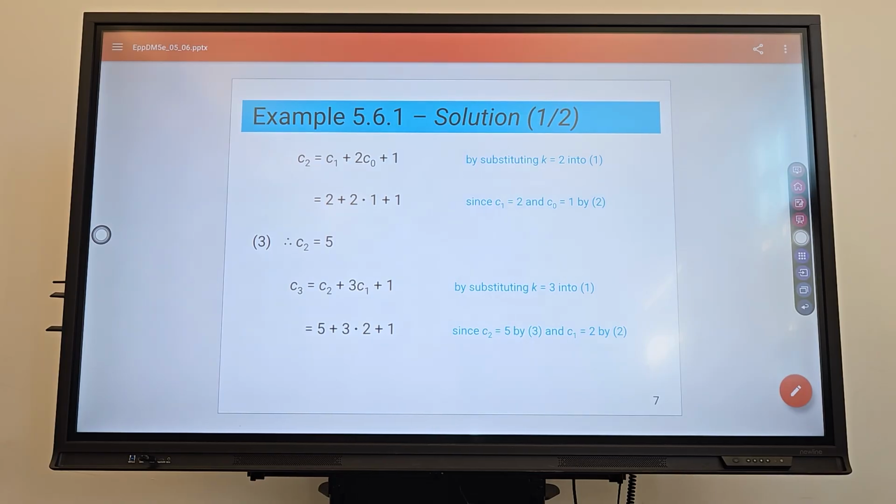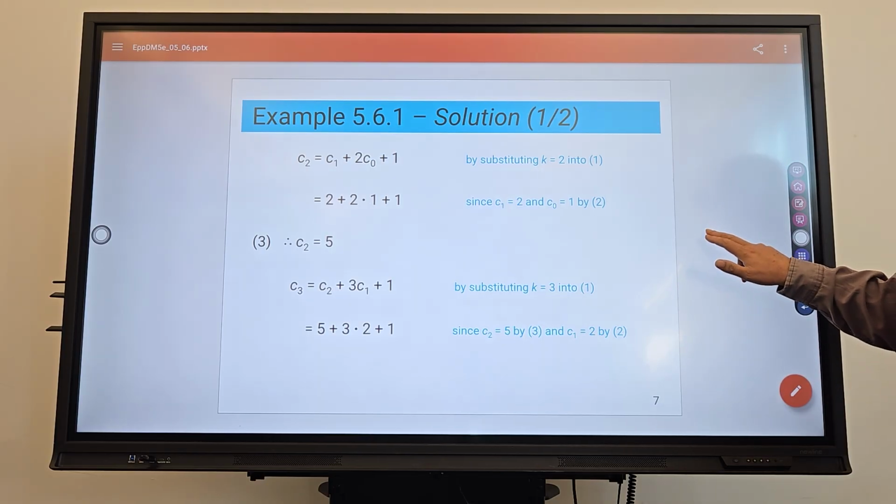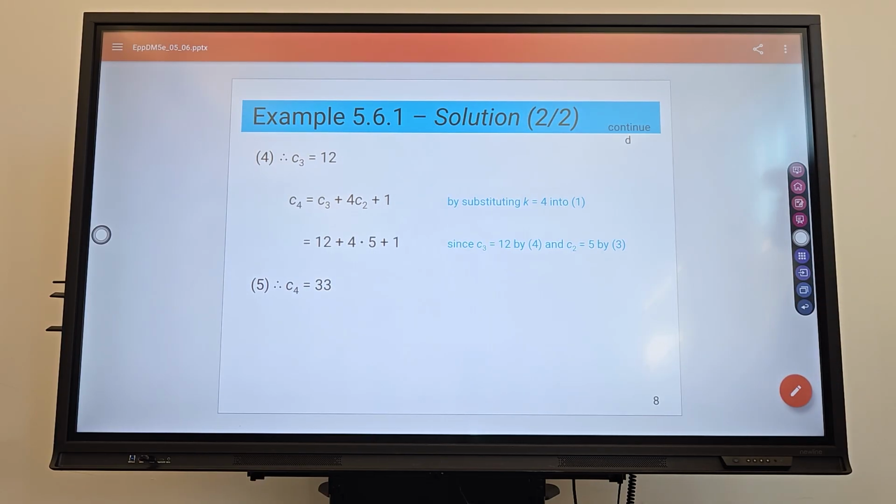C sub 3 is C sub 2 plus 3 times C sub 1 plus 1, which gives you 12, right? Yeah. And then C sub 4 is C sub 3 plus 4 times C sub 2 plus 1, which is equal to 33.